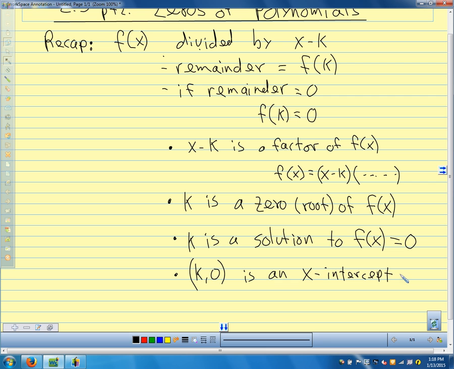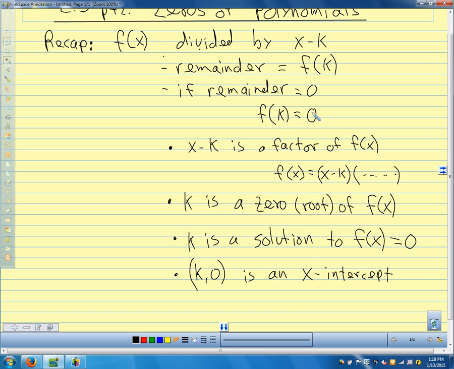All of these things mean the same thing. These four mean the same thing. And that all happens when our remainder, when we do our synthetic division, is 0. So when the remainder is 0, we found a solution to our equation. We found a 0 of our polynomial. We found an x-intercept. So getting a remainder of 0 when we do synthetic division is a really important thing.